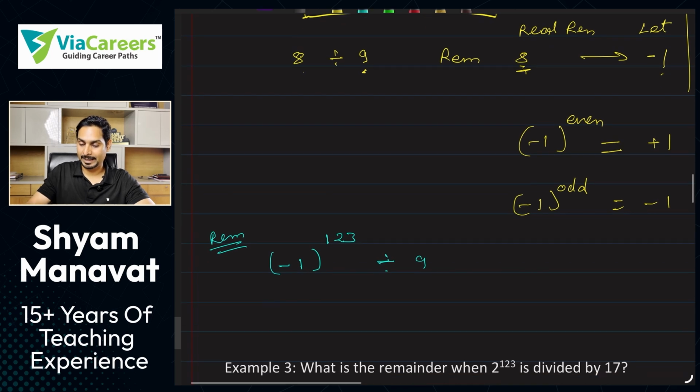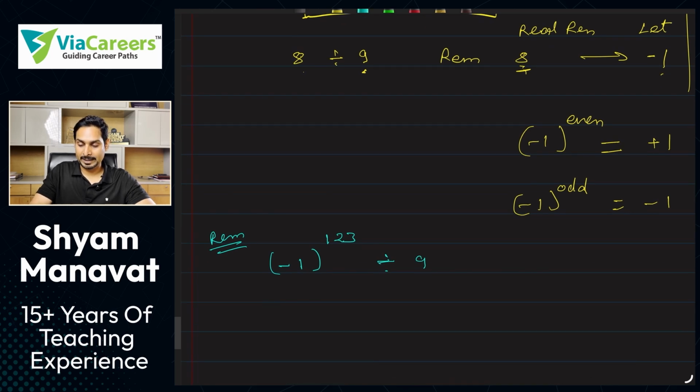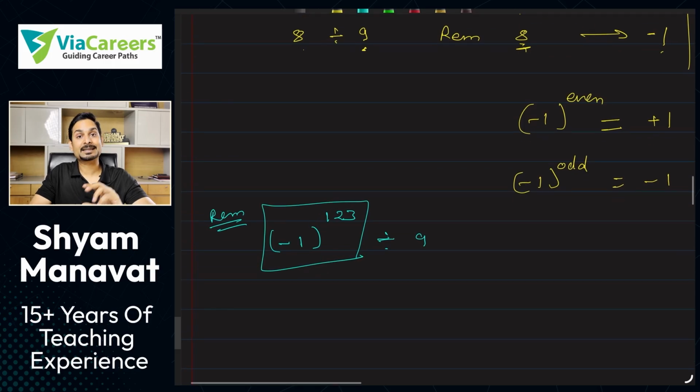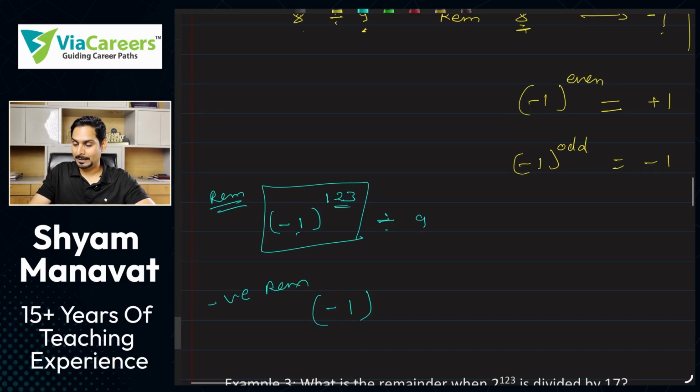And you know, if minus 1 raised to 123 is the remainder, then the simplified version, minus 1 to the power odd, will remain minus 1. That means the negative remainder here we got is minus 1. Then what should be the real remainder?